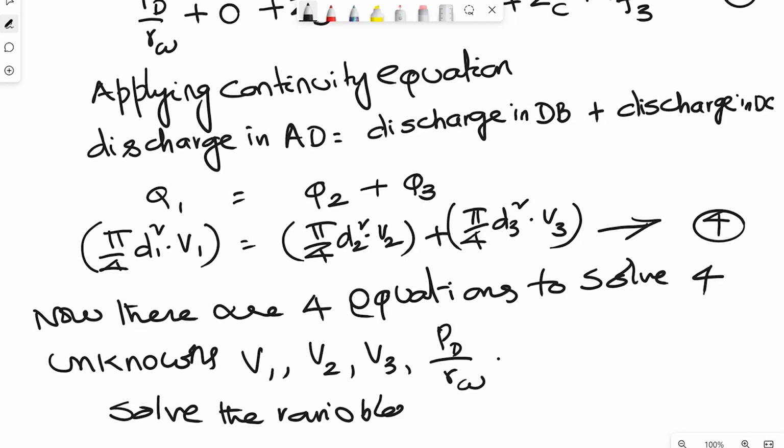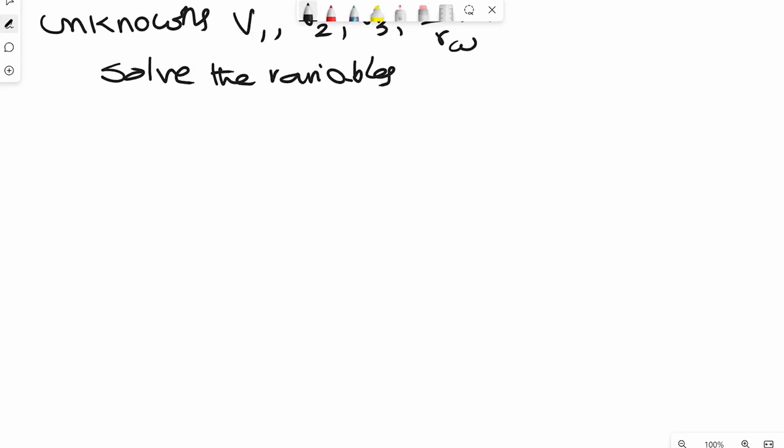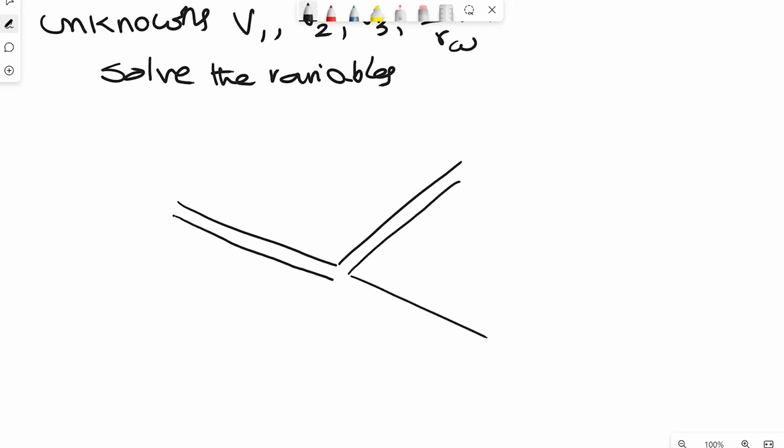So what is a branched pipe? If two or three pipes are connected, suppose one is this, one is this, and one more is going like this.